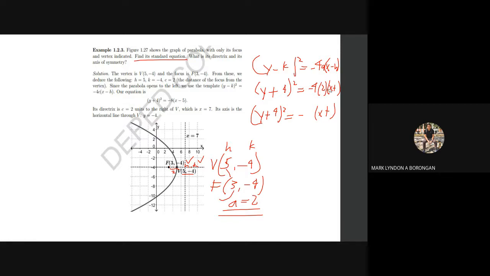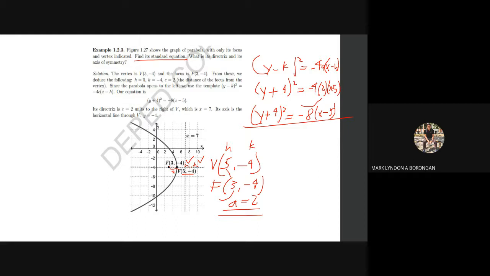Okay? Y minus 5 for the K. And X minus 5. So, X minus 5, negative 8. So now, okay, we have the standard form of the equation.